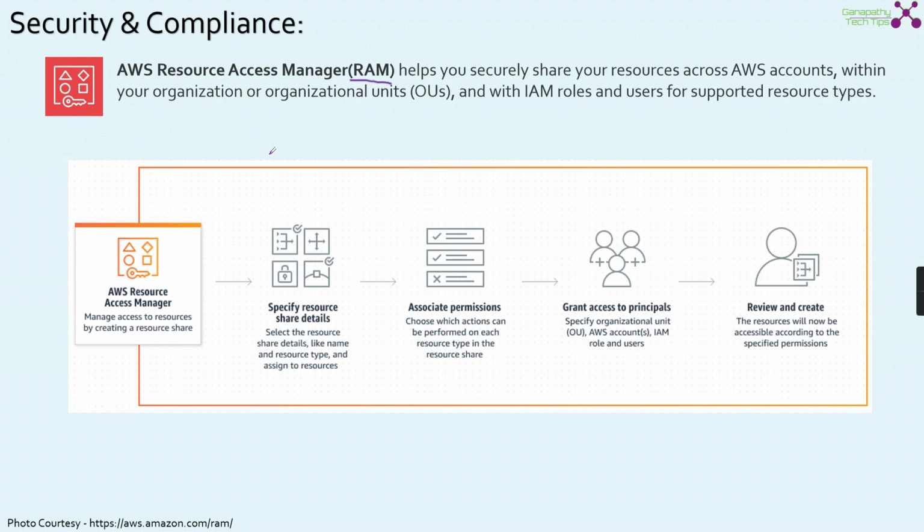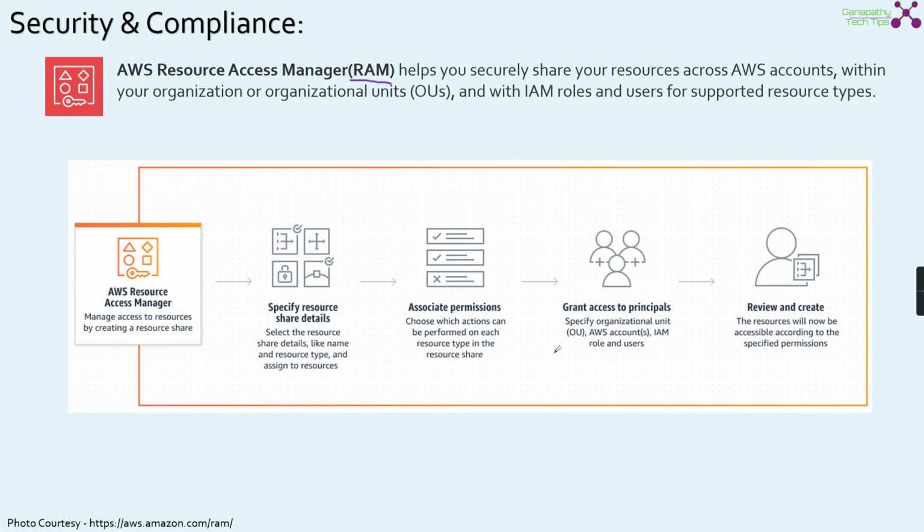This is all about how you are going to allow the users to make use of the resources within the AWS ecosystem using IAM roles, right? So you can securely share your resources across AWS accounts within your organization, within AWS Organizations, using IAM roles and various other features.